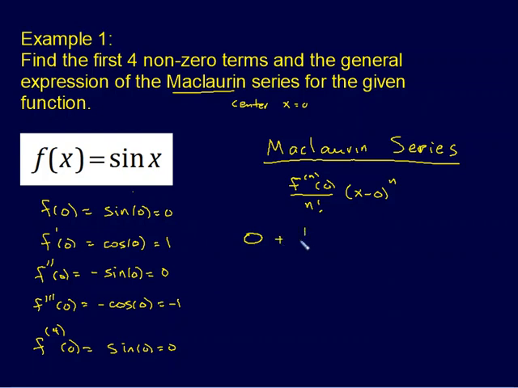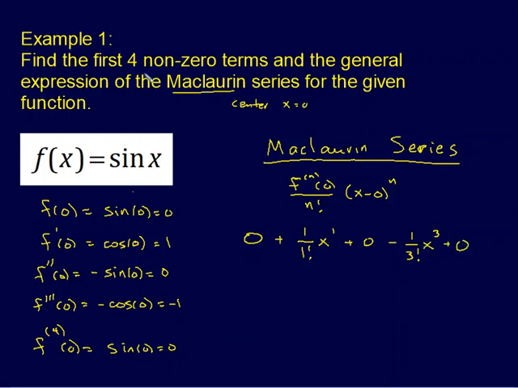Then we'll have 1 over 1 factorial, x to the 1. Then we'll have a 0. That'll be the x squared term. Then we're going to have minus 1 over 3 factorial, x cubed. And then we're going to have 0.